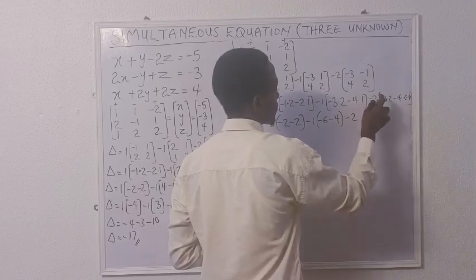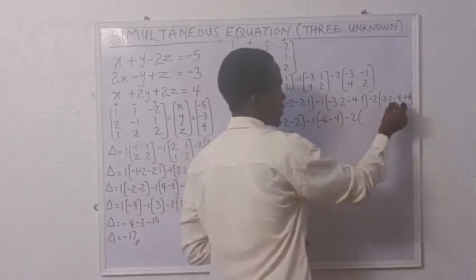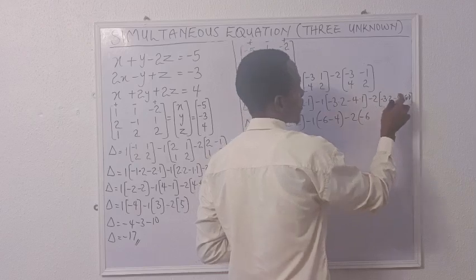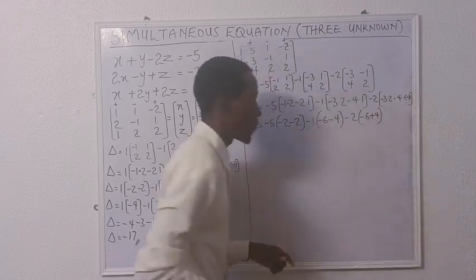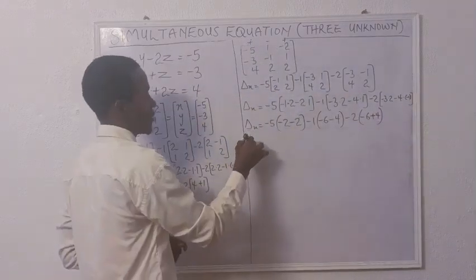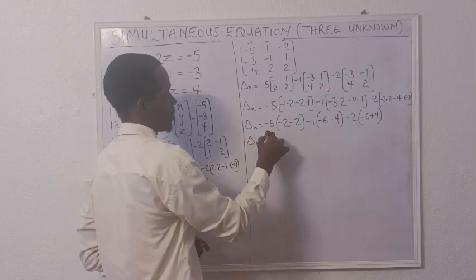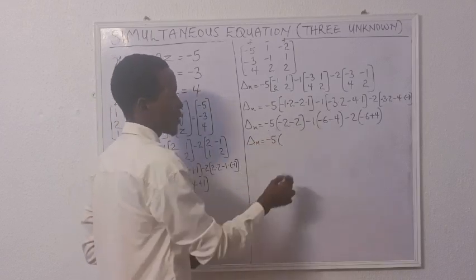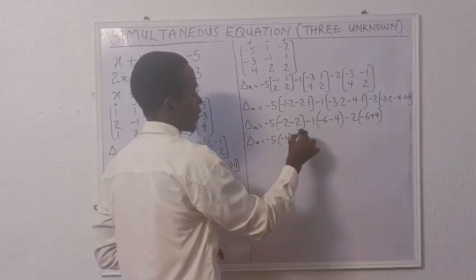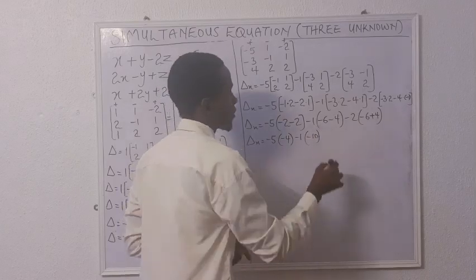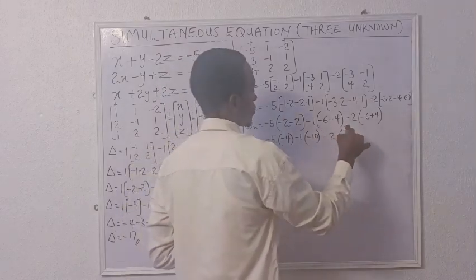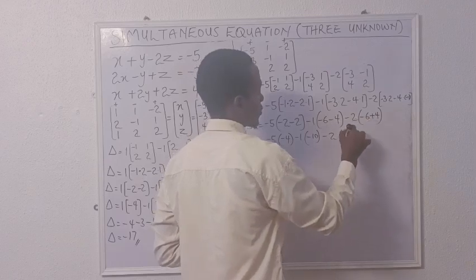Minus 2, open brackets, minus 3 times 2 is going to give me a minus 6. Minus 4 times minus 1 is going to give me a what? A plus 4. That's giving me delta x to be minus 5 brackets, minus 2 minus 2 is what? Minus 4. Minus 1 bracket, minus 6 minus 4 is going to be minus 10. And the last one is what? Minus 2 brackets, minus 6 plus 4 is going to be minus 2.